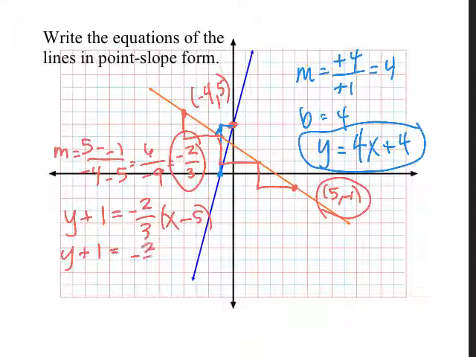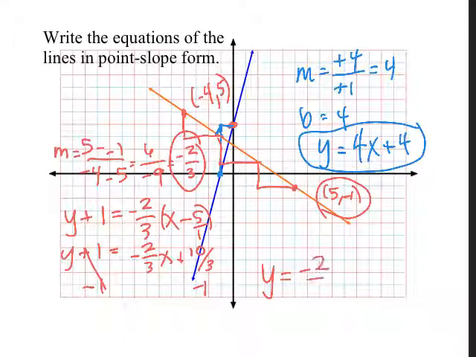Distribute, you get -2/3 x, and then negative times a negative is plus, and 2/3 times 5. Think of that as 5 over 1, so that's plus 10/3. Okay, good enough. Now I have to subtract the 1, so we end up with y equals -2/3 x.